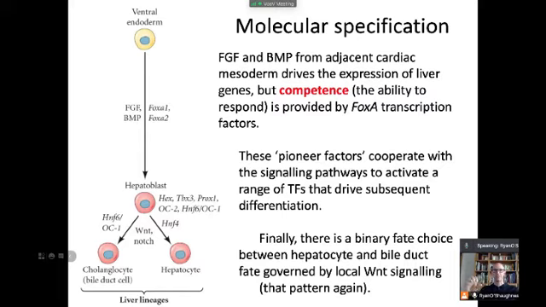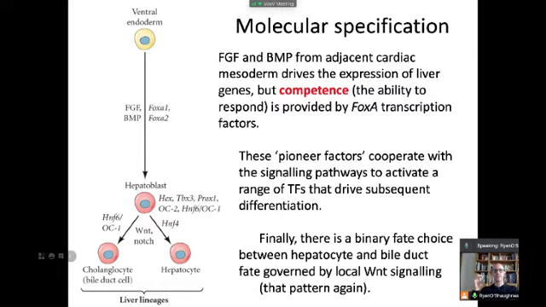So we have our ventral endoderm, and through the expression of FOXA1 and FOXA2, this ventral endoderm is made competent to respond to secreted factors and adopt a selection of fates that can either be bile duct or hepatocyte cells, dependent on the status of Wnt and Notch signaling, and therefore the downstream expression of those transcription factors HNF6 and HNF4.